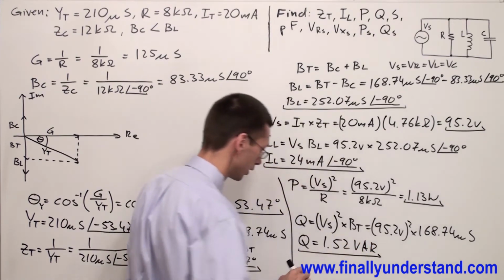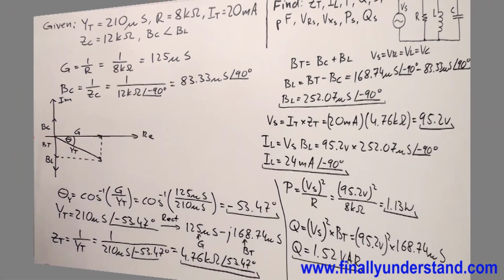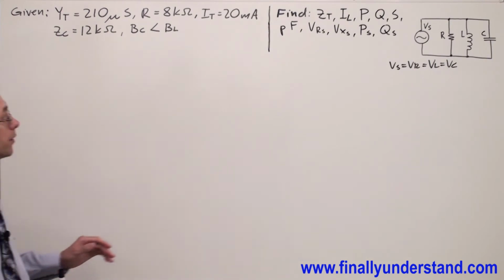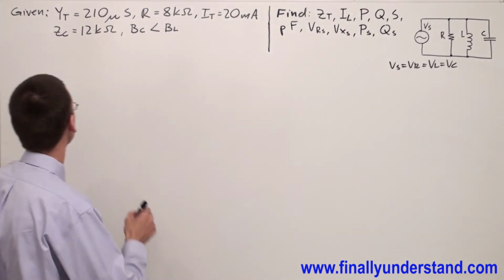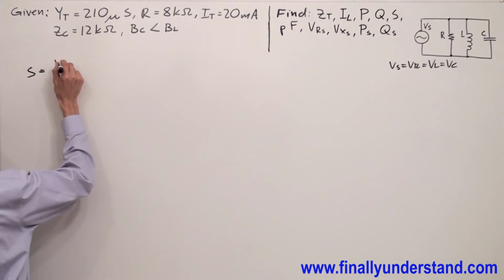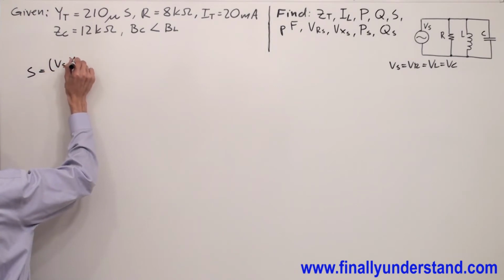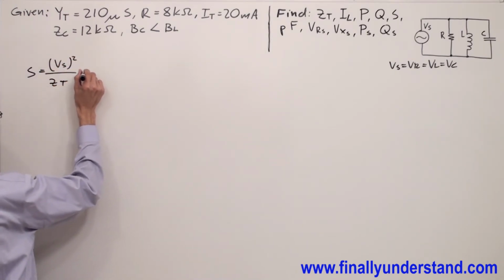So this is my total reactive power. Next we're supposed to find the apparent power. S is equal to voltage source raised to the second power over Z total.